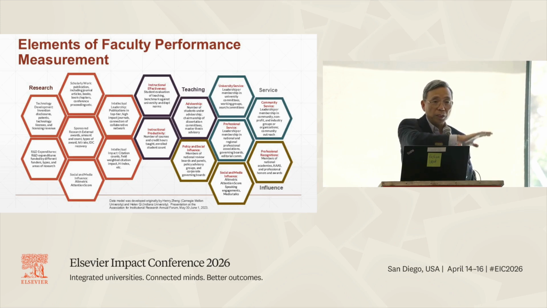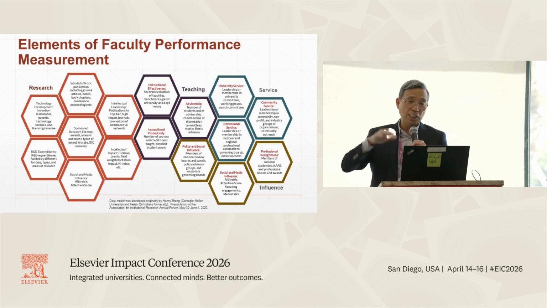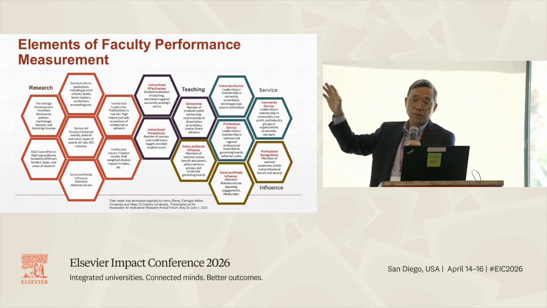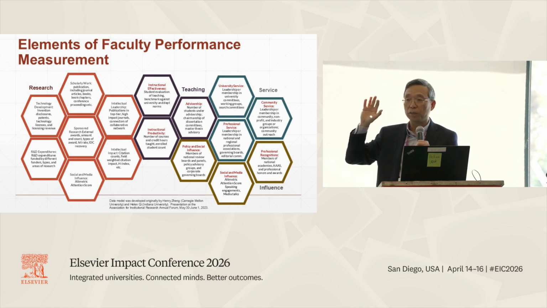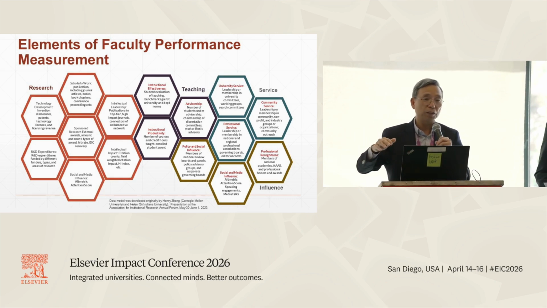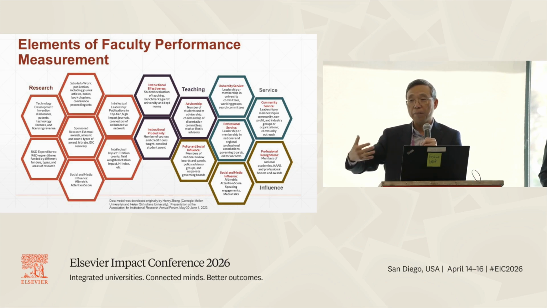The first one is research and development. The second is teaching. The third is service: public service, service to the department, and service to the professional society. And then the impact.